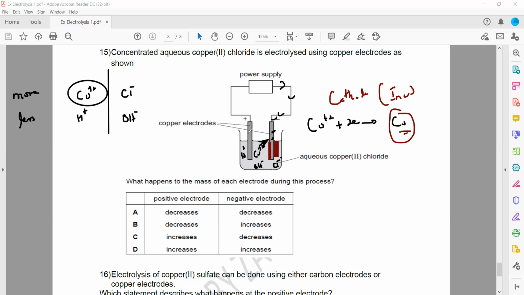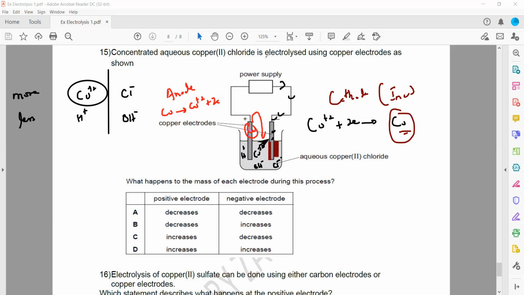But the electrodes are made up of copper. So what happened at the anode? The copper atoms which are there will go inside the solution as copper ions. So a copper atom turns into a copper ion by loss of electrons. So what happened to the size?